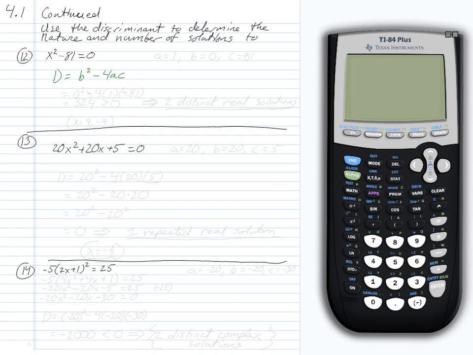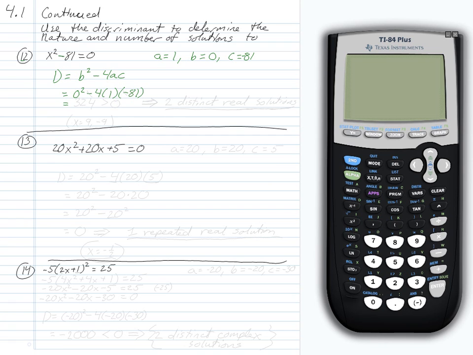Well, we already worked with this problem before. It's in standard form, so we're good to pick out a as 1, b as 0, and c as 81. And it's negative. Don't forget those negative signs. So our discriminant is going to be 0 squared minus 4 times 1 times negative 81.